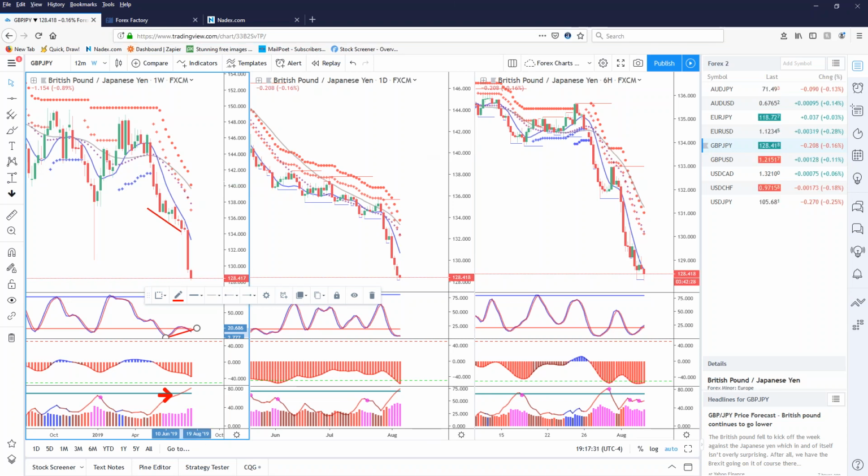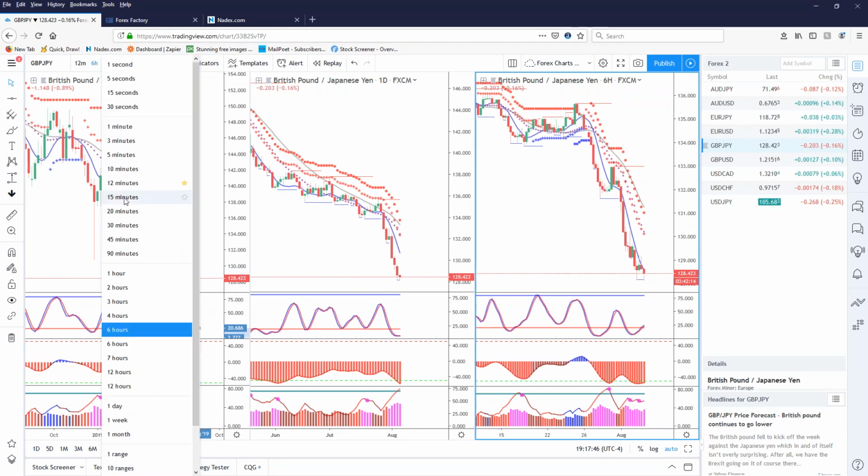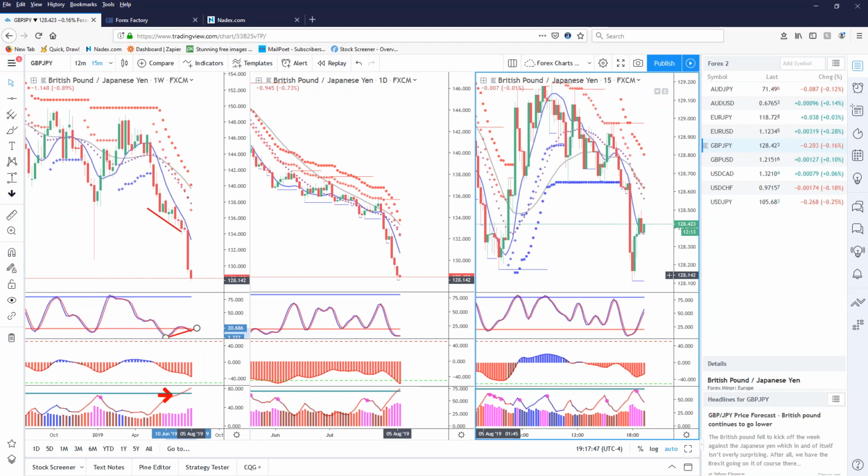So I do think it may come up to here. But again, just because I think that's what it's going to do, I'm still going to go down, and I'm just going to give you the short version. This should be blue, so it should be below price, and then price should come back and test it.